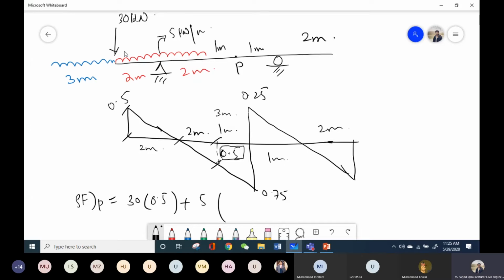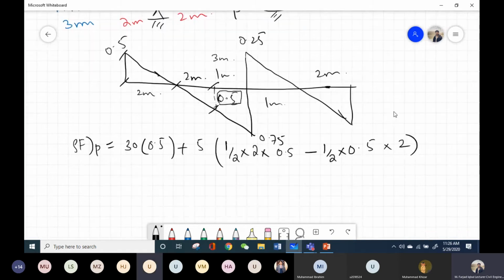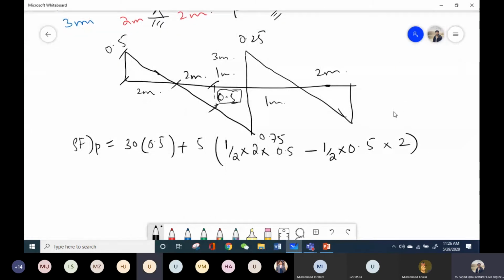And the area of this triangle is half cross 2 cross 0.5 minus half multiplied by 0.5 multiplied by 2 meters. So what is this answer for shear force? 15. Okay. So for the trial 2, I have got the answer as 15.